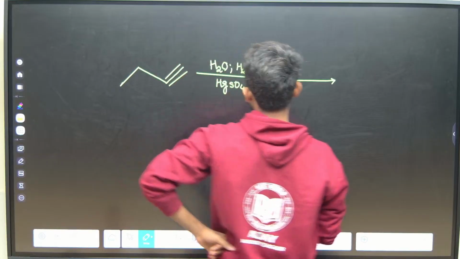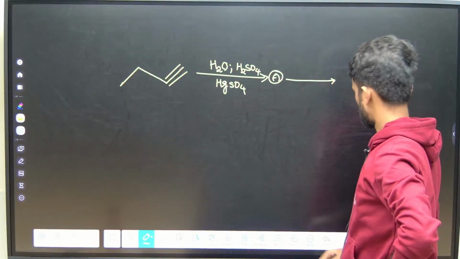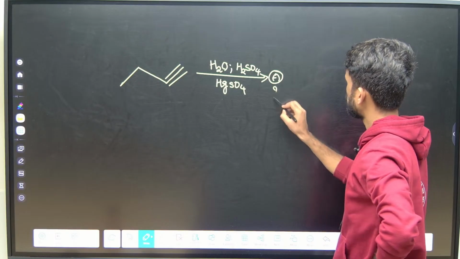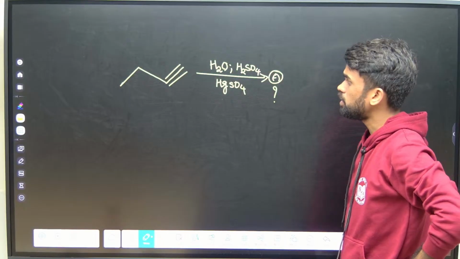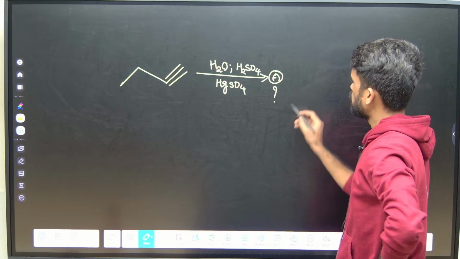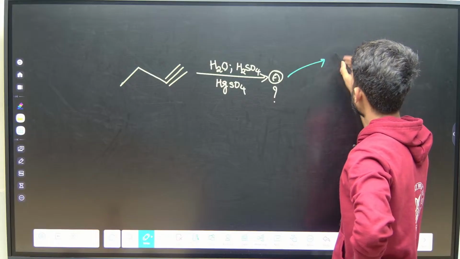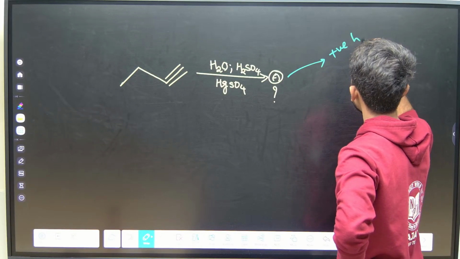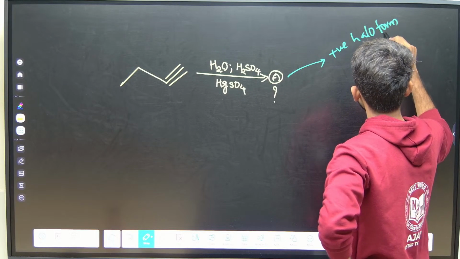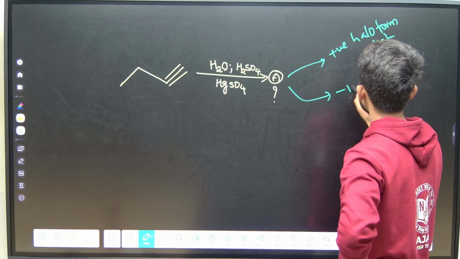So this gives A. Just identify A. What is this A formed here? After this, tell me whether A shows positive haloform test or negative haloform test.